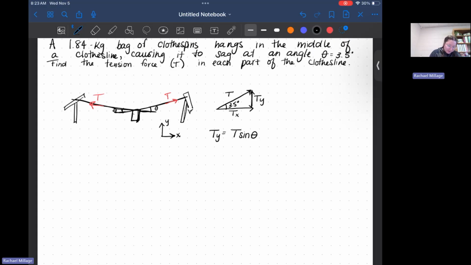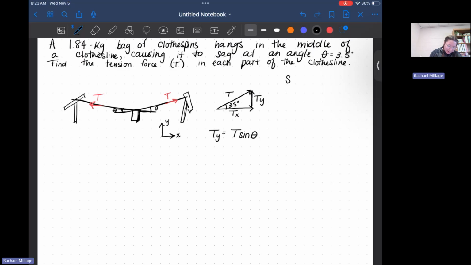We could also figure it out by saying, let's pretend we know T. T is what we're trying to find, but we have to split it up, so our unknowns are Ty and Tx. And we're going to be working in terms of variables, so we're not going to have numbers.